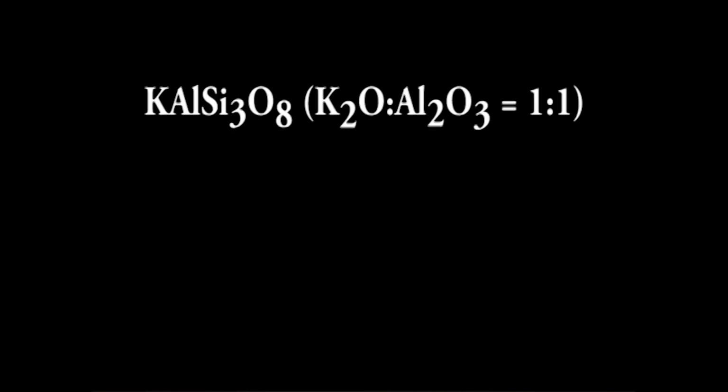According to the calculation scheme, potash feldspar, microcline and orthoclase are plotted at the K corner of the diagram because an amount of Al2O3 equal to K2O is subtracted. KAlSi3O8: K2O to Al2O3 ratio equals 1:1.